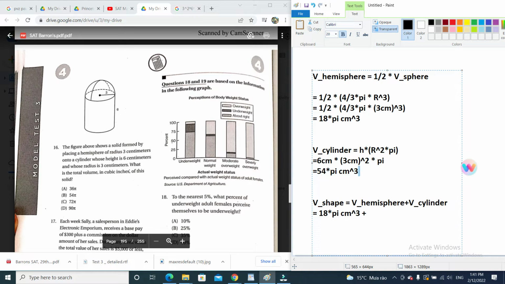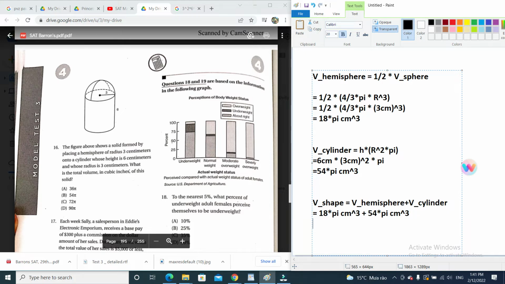But they asked us about the cube in inches, so we have to change the unit here.